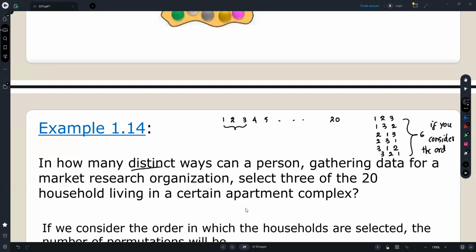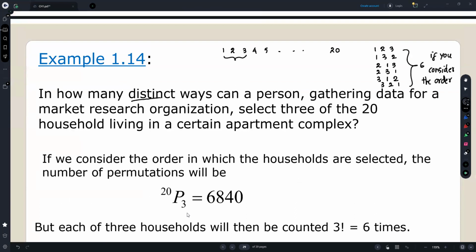So how do you find that? By permutation, that is 20 permutation 3. So there will be 6,840 ways of selecting 3 households out of 20 if you consider the order. That means each and every time you select 3, you have this order. But when you do not have to consider the order, these 6 will be considered as just 1.